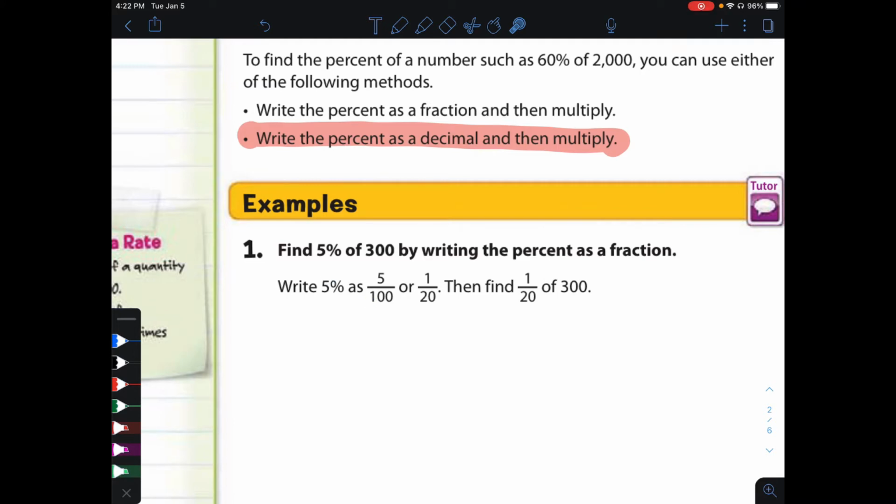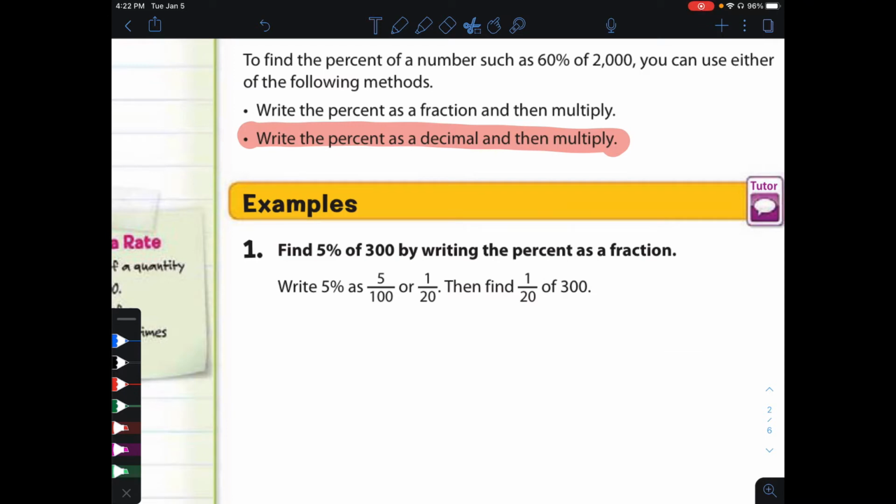And we get 5 right over there. We simplify 5 over 100 and get 1 over 20. So we know that 1 over 20 is the same as 5%. Using the fraction method, we get 1 over 20 of 300.